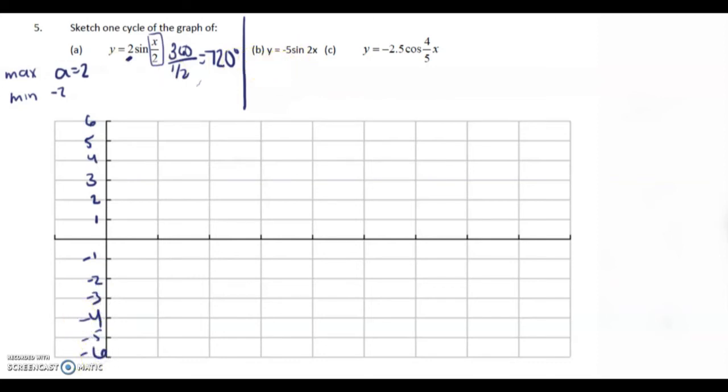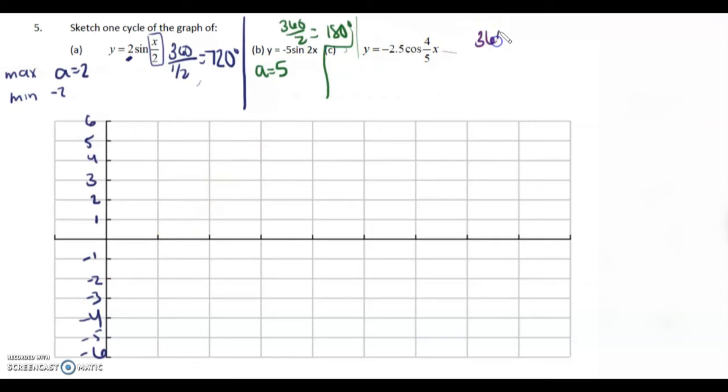Okay, but for B, let's figure out the amplitude. So the amplitude is 5, and if we had 360 divided by 2, we would have the period of 180. So the 180 will still fit if we took 720 and did our x-axis. This is the one I wasn't sure about.